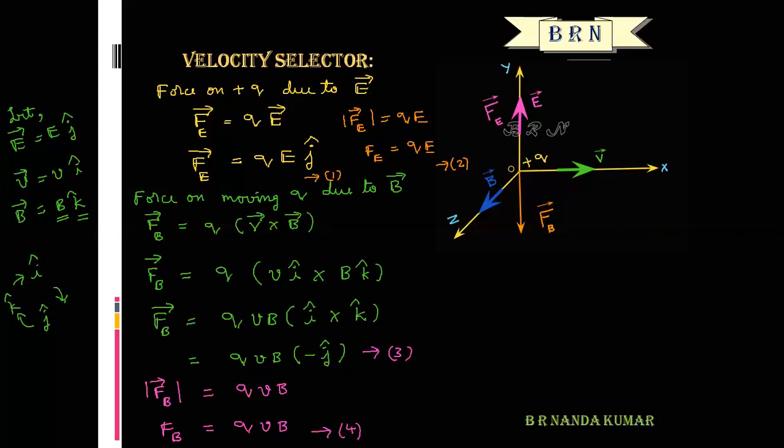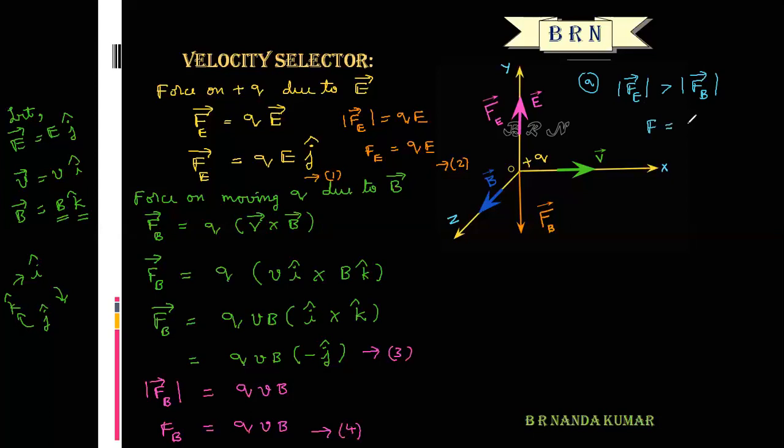Suppose the magnitude of FE vector is more than the magnitude of FB vector. So what is the net force acting on charged particle?